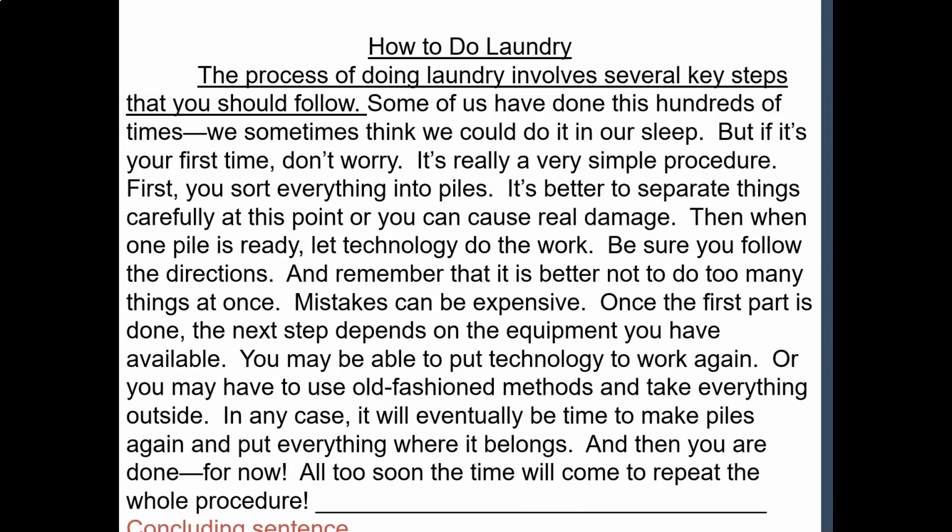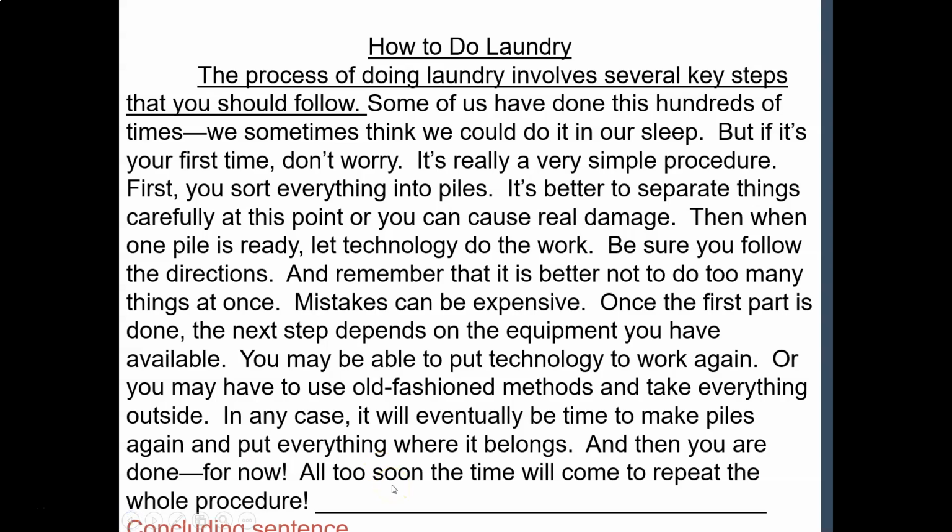We can also use a transition with a concluding sentence. You can see these in your writer's handbook or on page 21 of your book. There's a lot of transition words that we can use before we have our concluding sentence. So that's an important part that we need to include too.